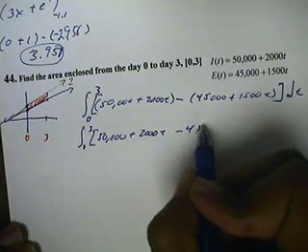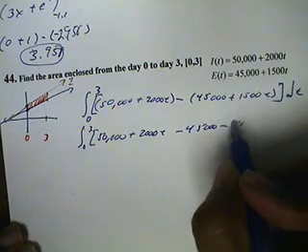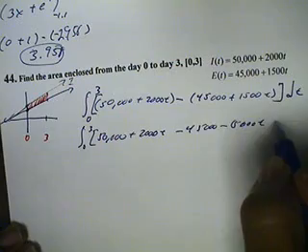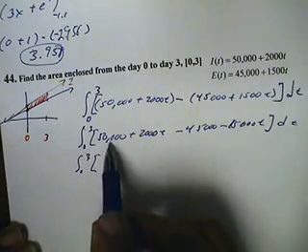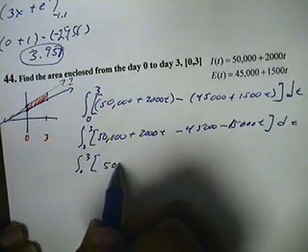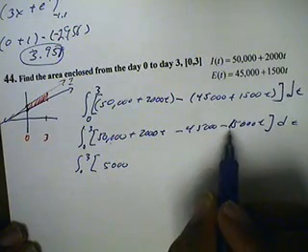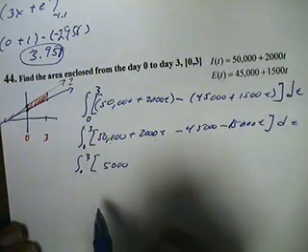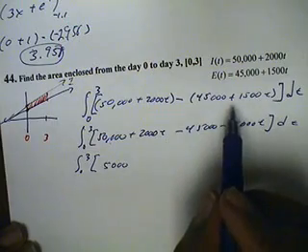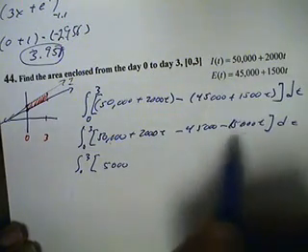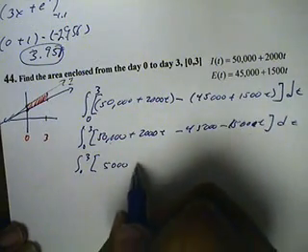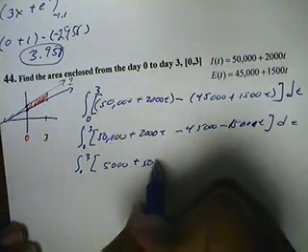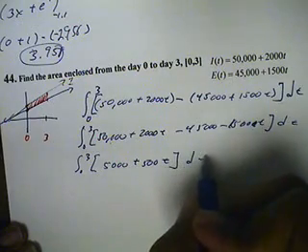Change the signs here, we get negative 45,000 and minus 1,500t. And we combine these two and we'll get 5,000, and we combine these two: 2,000 minus 1,500 gives plus 500t dt.